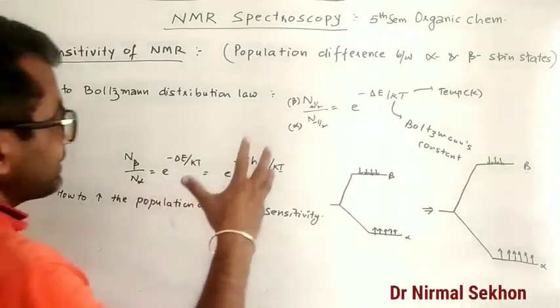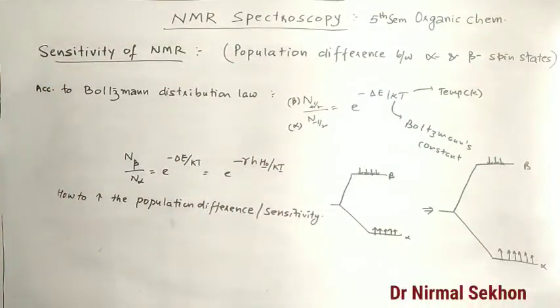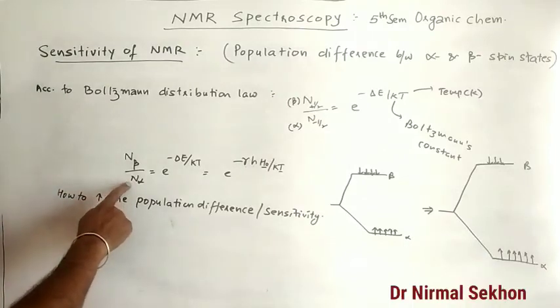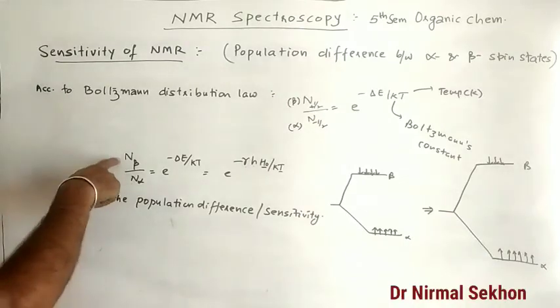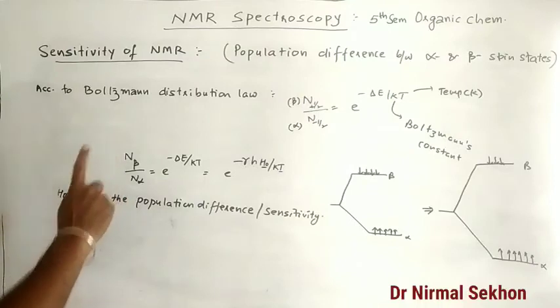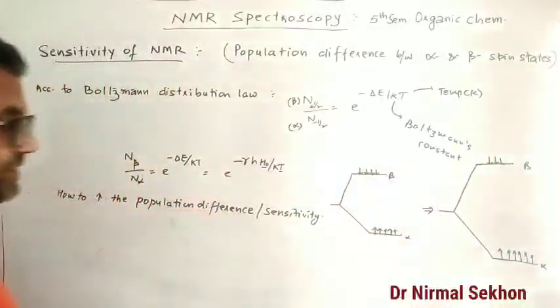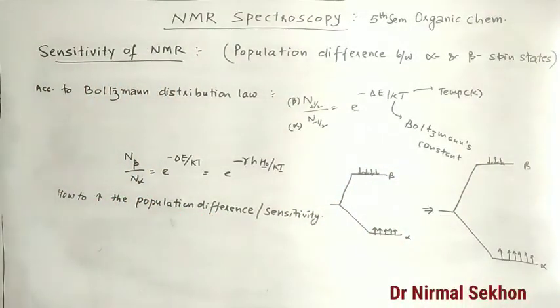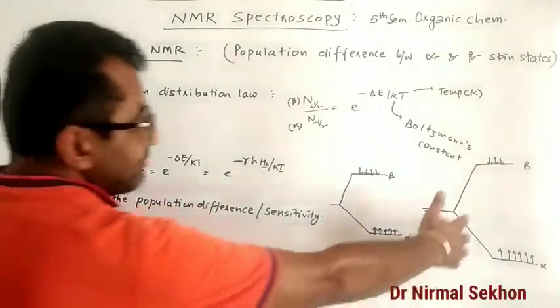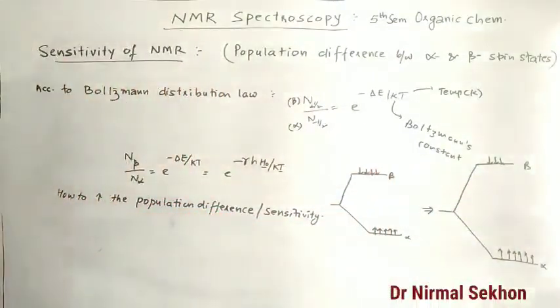And one way to increase the population difference is that we have to increase the alpha state population and decrease the beta state population. By increasing the energy gap between alpha and beta, we can increase the population difference. Then obviously, when there is more energy gap, more energy will be absorbed, and that means a clearer signal will appear in the NMR spectrum.